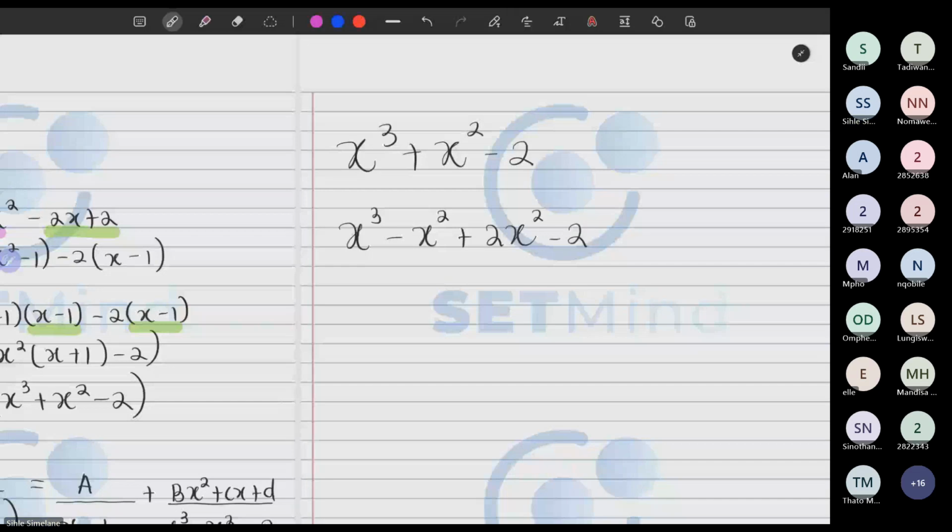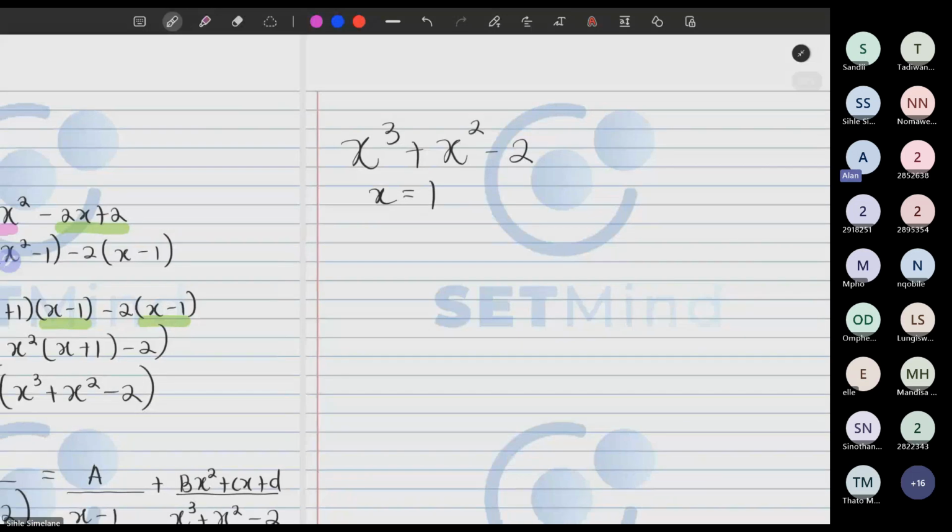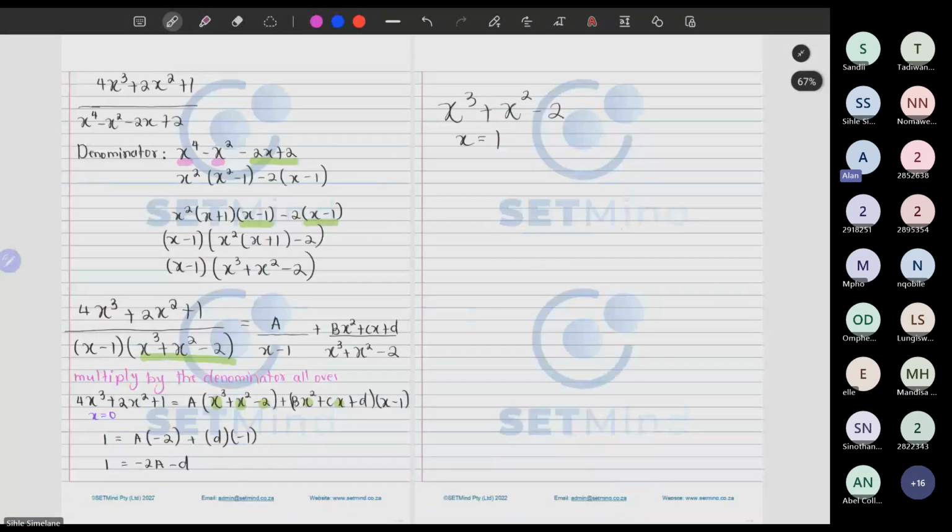No, I can't factorize this. The problem. Yes, please go ahead. But x is 1 solves this. So you were saying we should divide or find the long division using x minus 1. Yes, or we can use synthetic division.